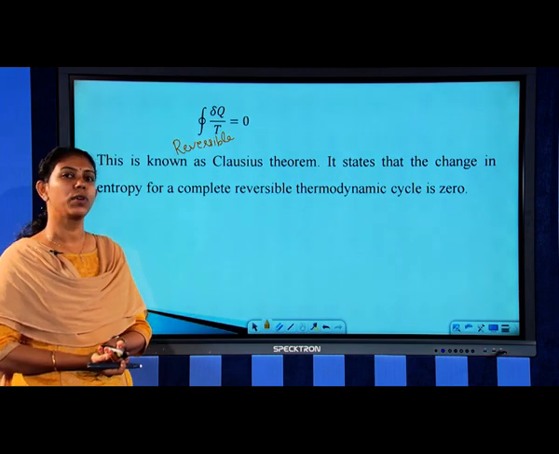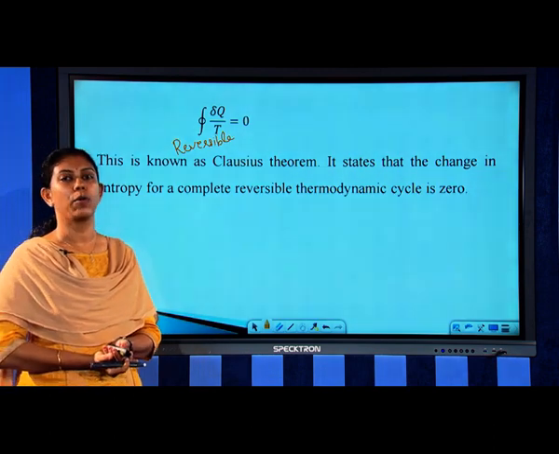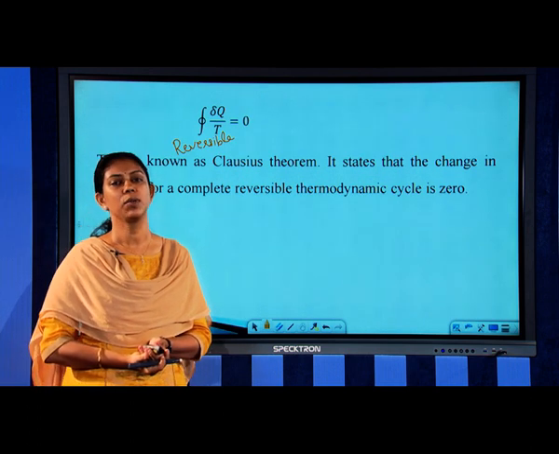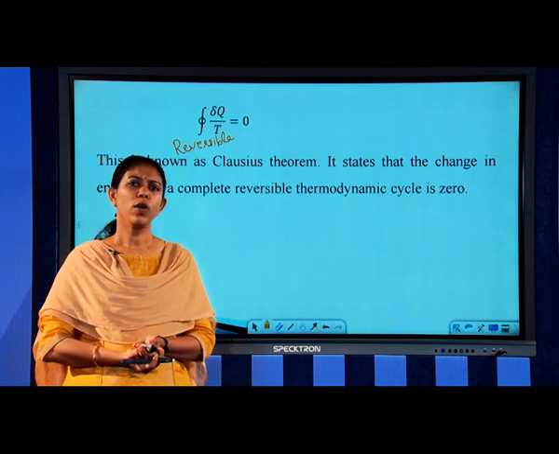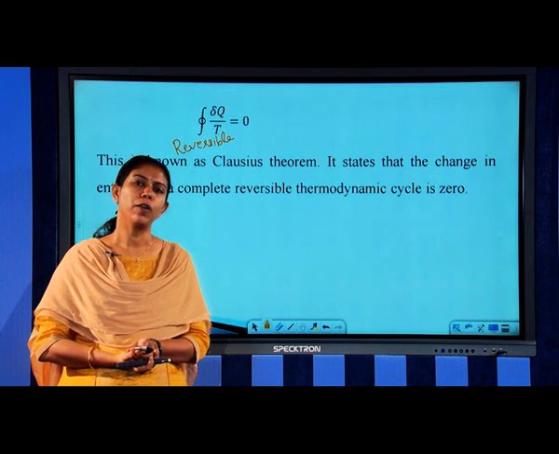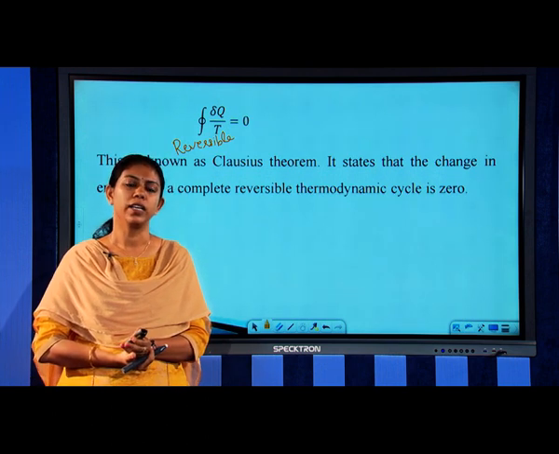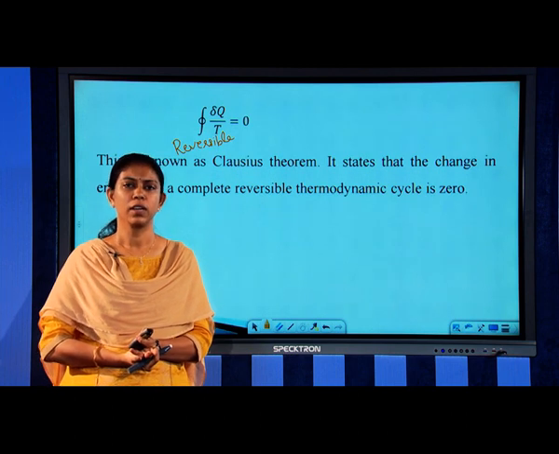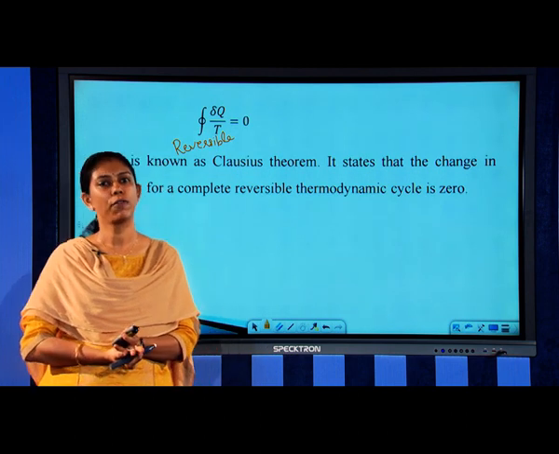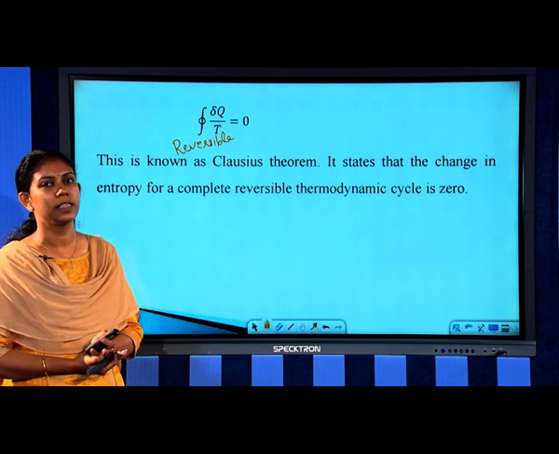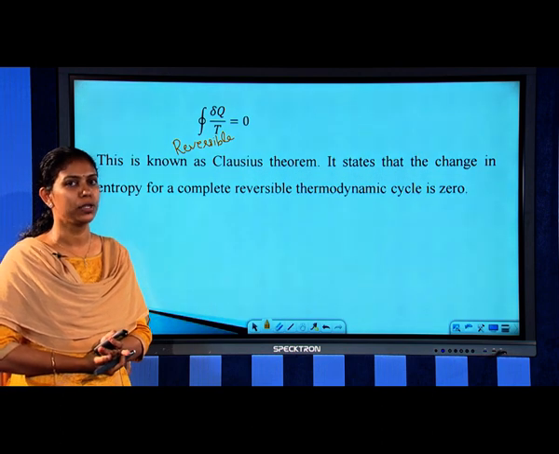Next, we have to calculate the change of entropy in an irreversible cycle. In order to describe the change of entropy in an irreversible cycle, first we consider a reversible process. In a reversible process, we found that the integral of delta Q by T equals 0.